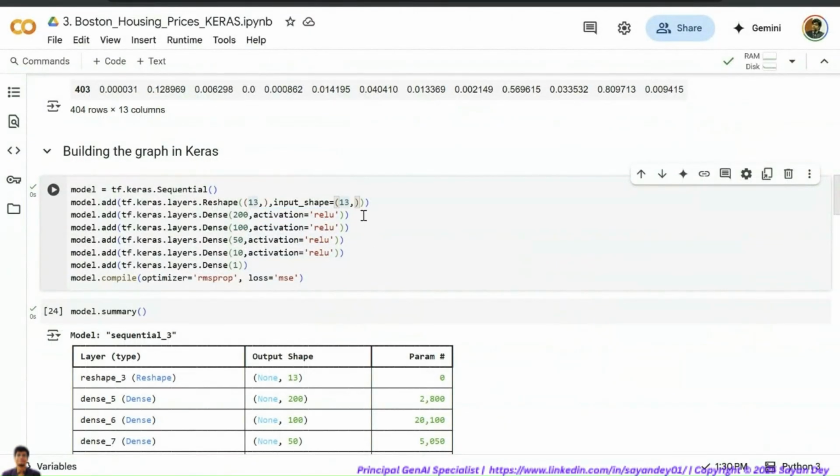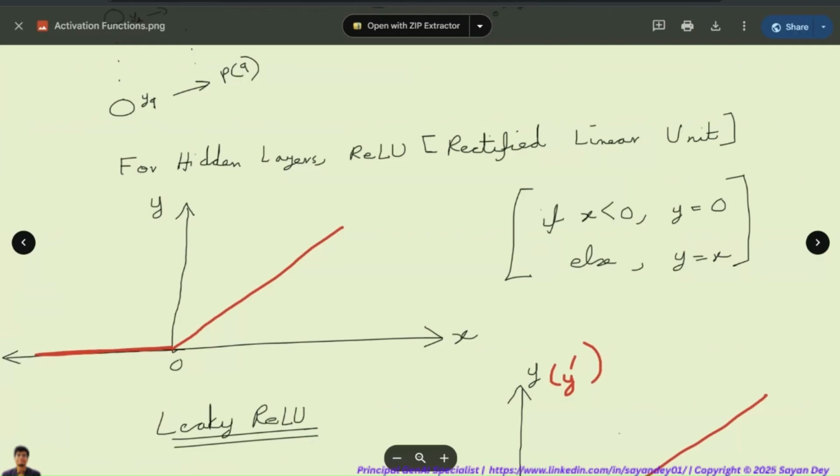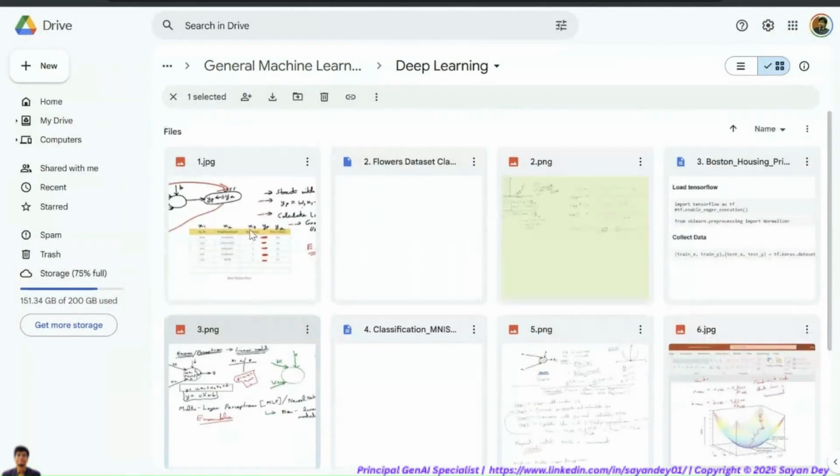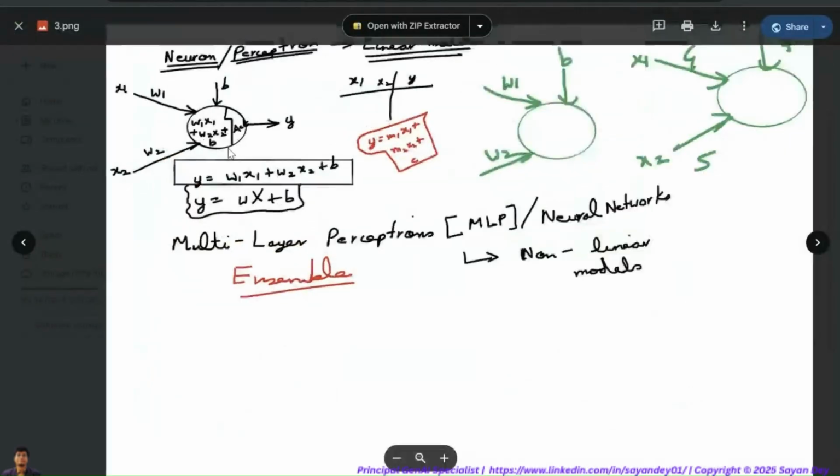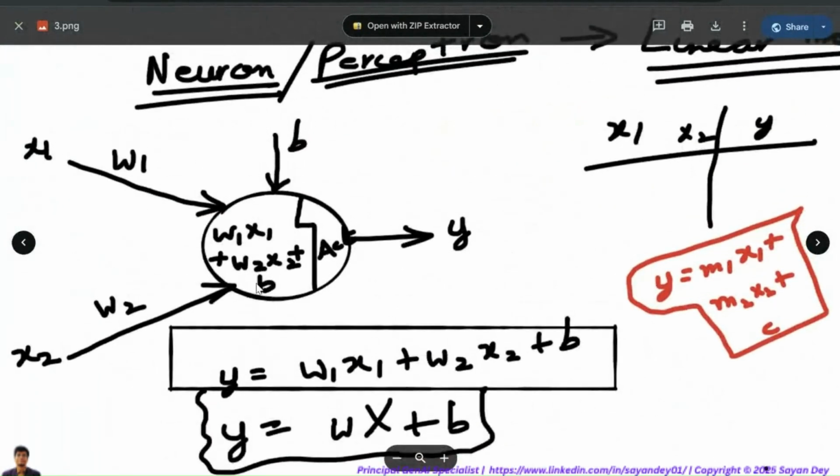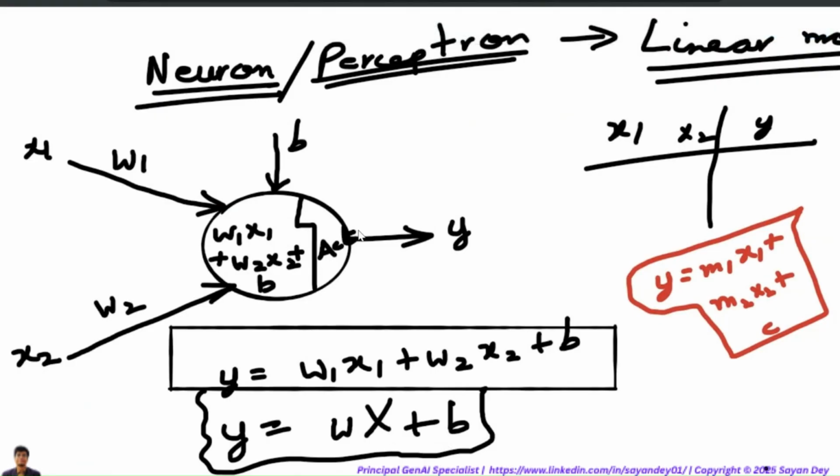Whenever you are using any neural network, in the hidden layers you will by default use something called a ReLU activation, which means at every neuron you are doing this computation and performing an additional computation with an activation. This is the ReLU activation you're doing.